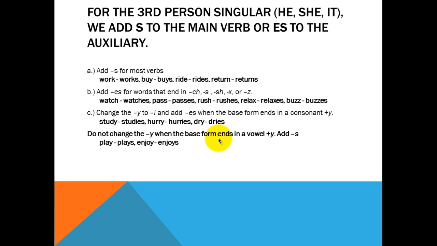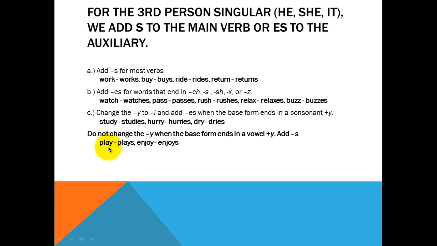Here's an exception. Do not change the y when the base form ends in a vowel plus y. All we do is simply add s. Let's look at play. Okay, so it's P-L-A-Y, play. As you can see, the A here is a vowel plus y.